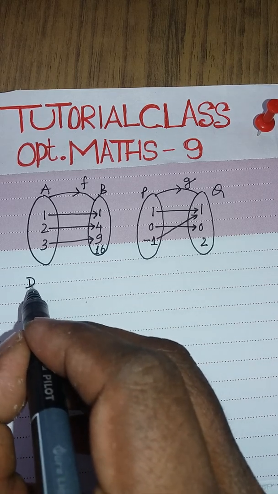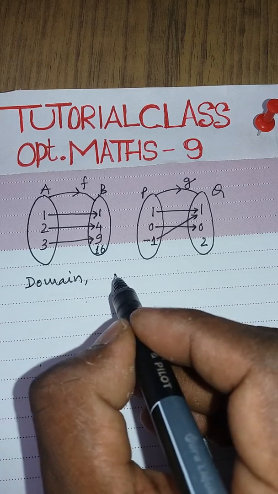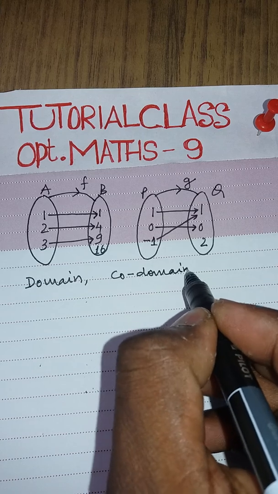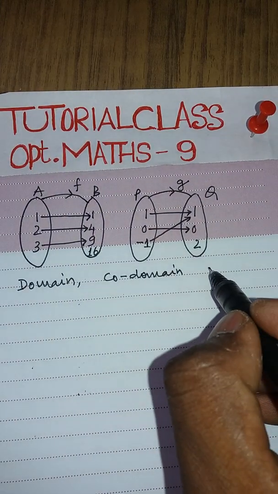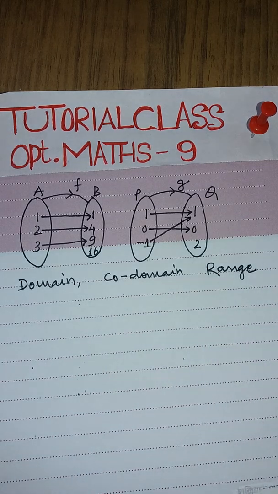See here, domain, and here codomain, and a subset of codomain is range. Range is the subset of codomain.